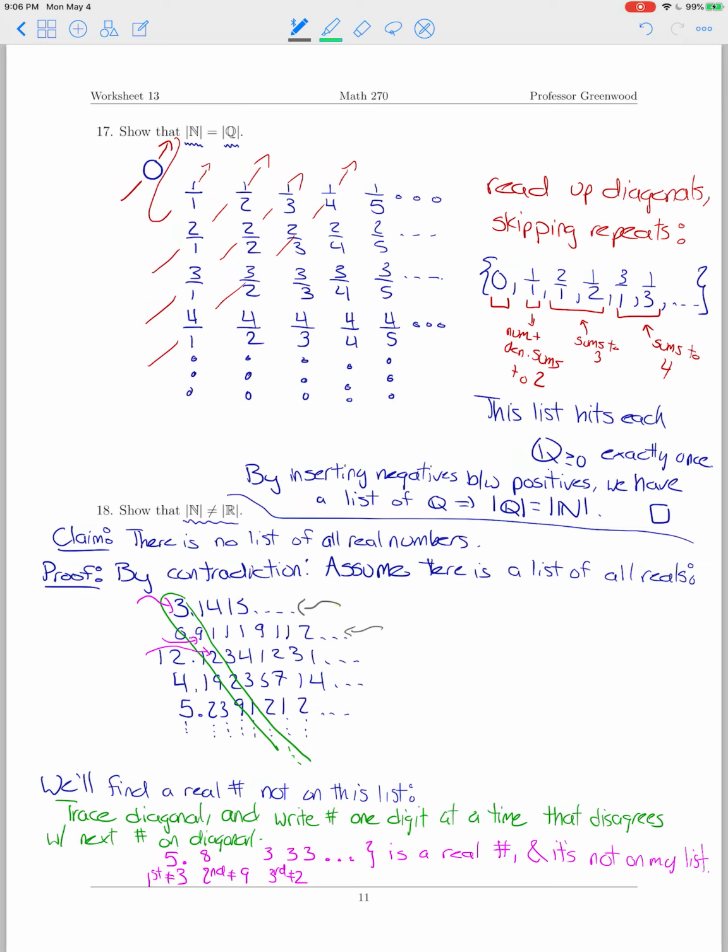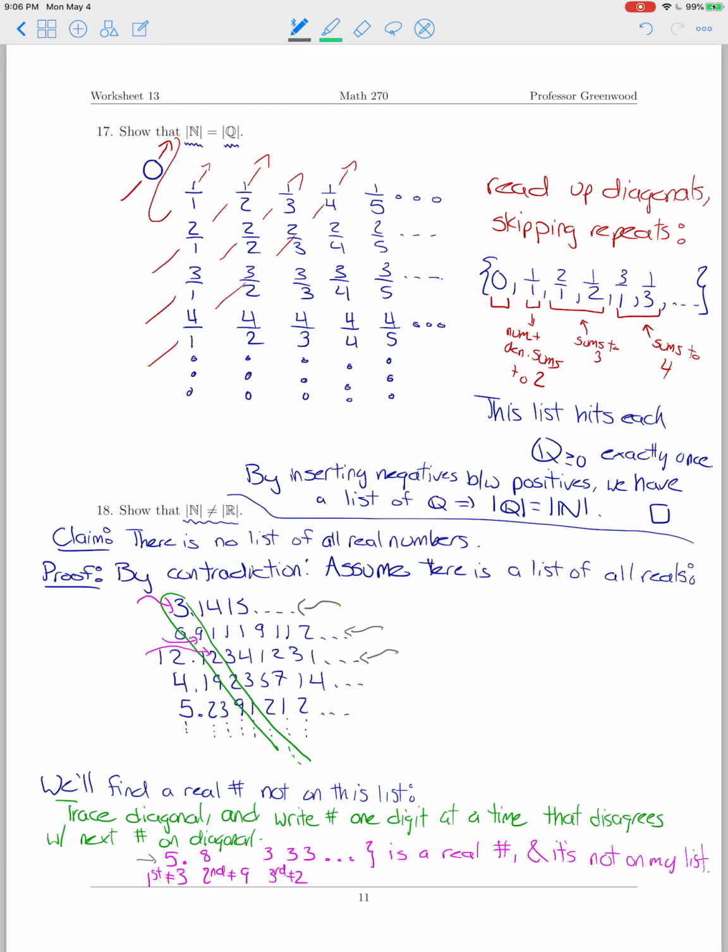It can't be the second number on this list because it disagrees in the second digit. It can't be the third number because it disagrees in the third digit, and so on, off forever. And so it can't be the 1,000,000th number because the 1,000,000th decimal place in this number, 5.833 whatever, disagrees with the 1,000,000th decimal place in the 1,000,000th number that I wrote.